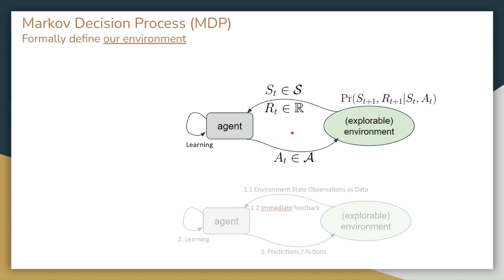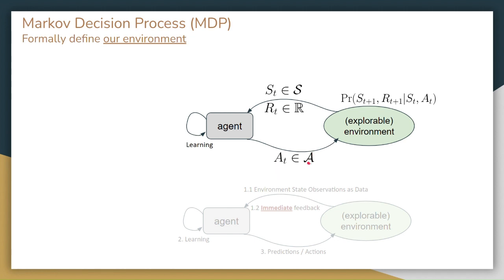Don't get scared. Let's start from the easiest one, the agent's action. Actually, A_t is simple. It means the action of the agent at time step t. So t here is the time step, and A is from action. It makes sense.